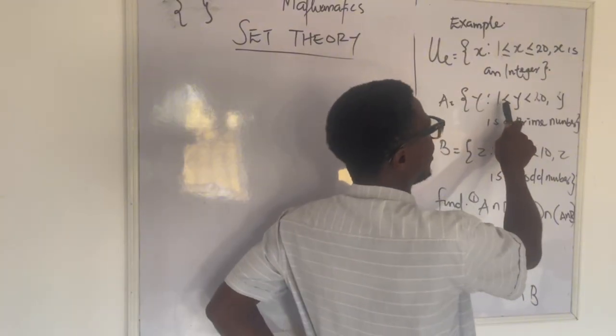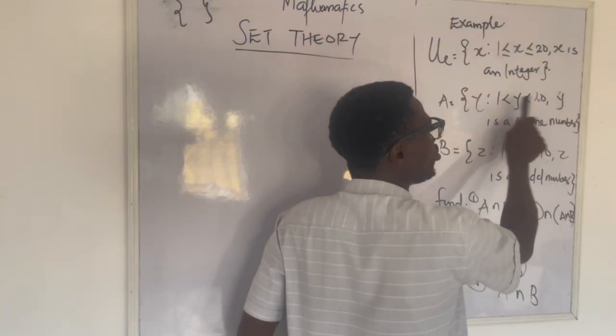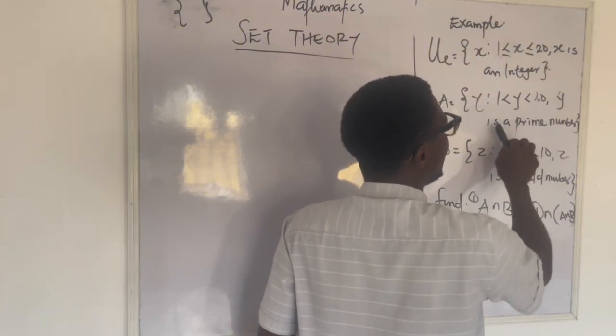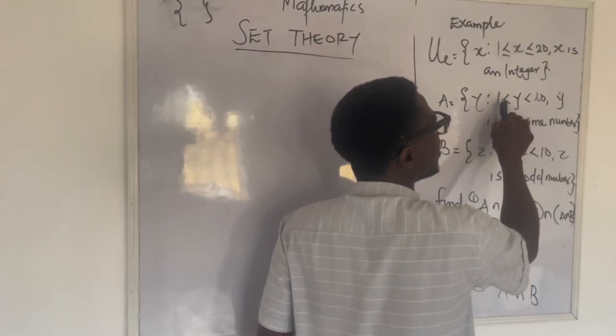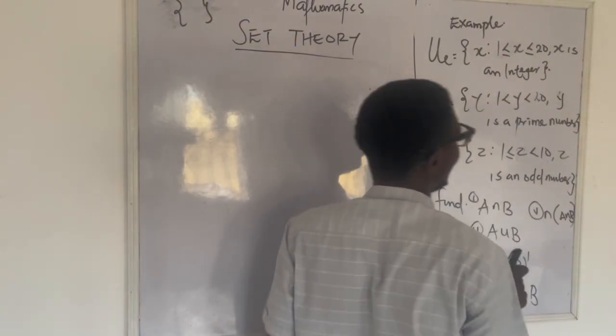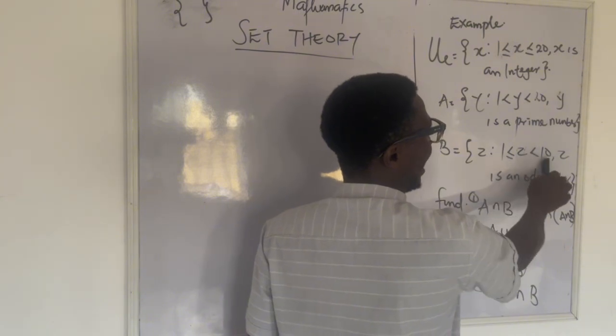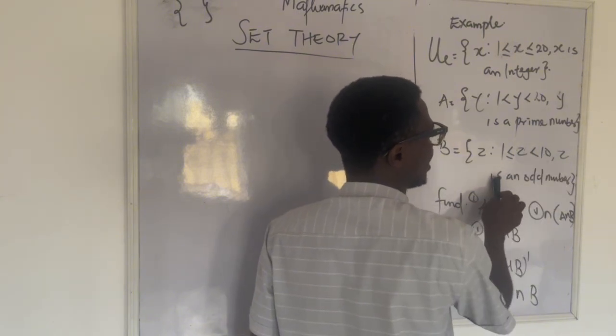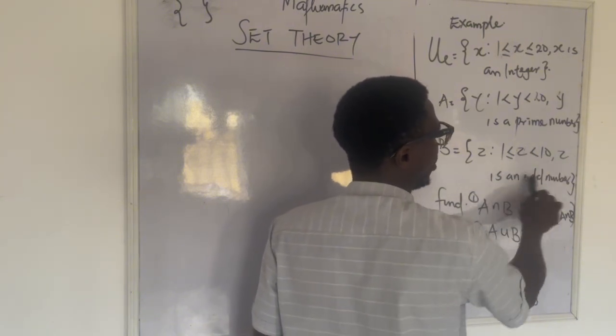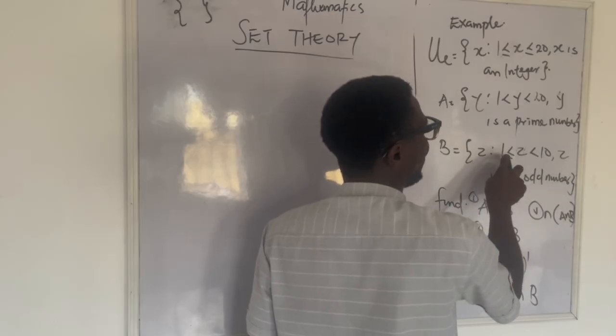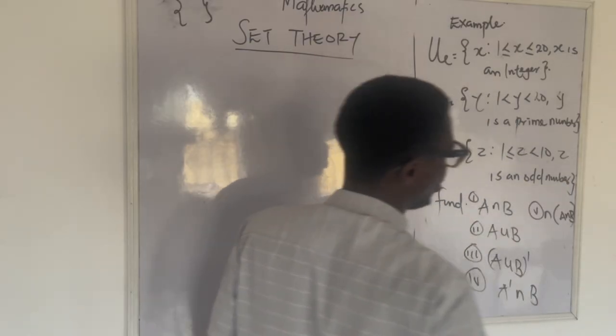Why? Which means that what? Prime numbers between 1 and 20. So this says that 1 is inclusive and what? 10 is not inclusive. It shows that what? Z is an odd number, which means odd numbers from 1 to 10. Do we understand?